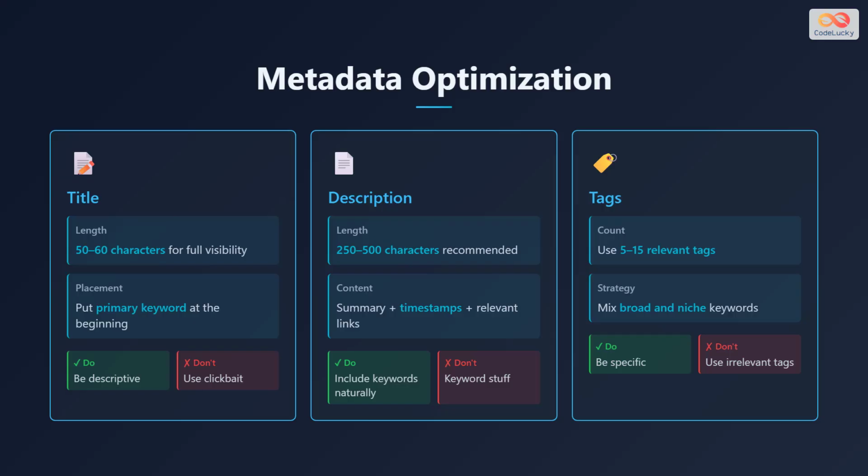Tags help YouTube understand your content. Use 5 to 10 relevant tags with your main keyword and long-tail variations. Thumbnails don't directly affect SEO, but they improve click-through rate, which signals quality to the algorithm. Finally, category selection helps YouTube classify your content correctly for recommendations.